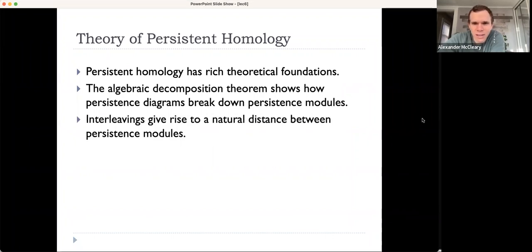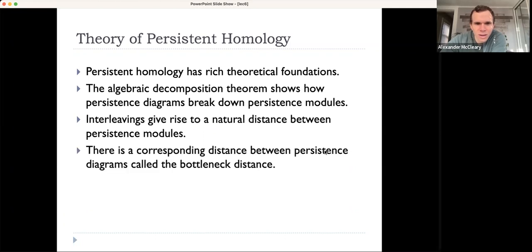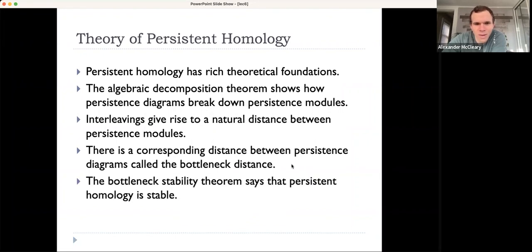We can define a distance on persistence modules, and this distance is given by a notion called interleavings, which we'll go over. And then there's a corresponding distance between persistence diagrams called the bottleneck distance. And finally, we have the bottleneck stability theorem, which says that persistent homology is stable. So this is crucial for applications and a very important and nice result that we'll see.